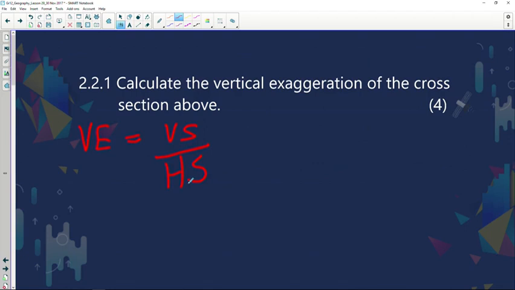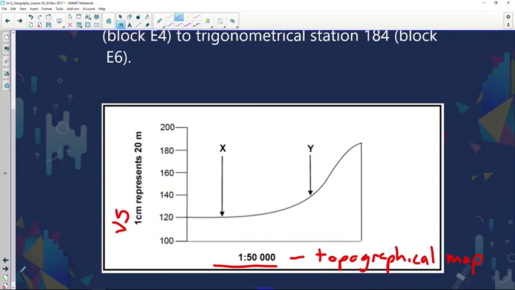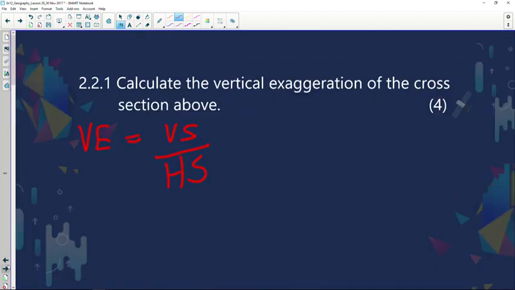Now both have been provided for you. Your vertical scale is 1 to 20 meters. So it means 1 centimeter represents 20 meters. And your horizontal scale is 1 to 50,000. But remember, we're working with centimeters over here because 1 centimeter represents 50,000 centimeters on your horizontal scale.